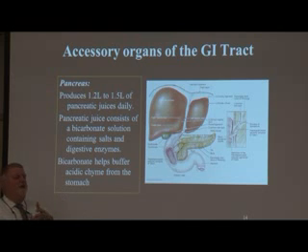One of the enzymes we talked about in the mouth, salivary amylase, begins the digestion of complex carbohydrates. But as soon as that material enters the stomach and becomes really acidic, salivary amylase stops working, and you don't do any carbohydrate digestion.